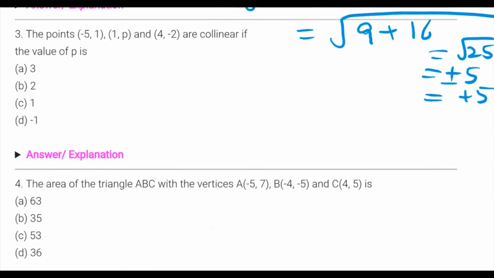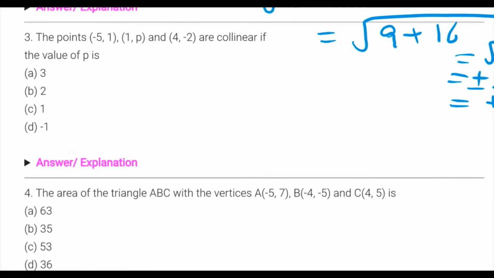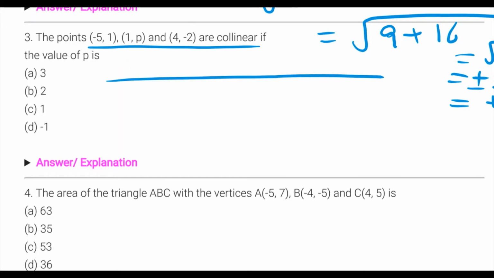Next question is the points (minus 5, 1), (1, P) and (4, minus 2) are collinear if the value of P is. 3 points are said to be collinear if they lie on the same line. So A, B, C. These 3 points are said to be collinear if they pass through the same line segment or line.